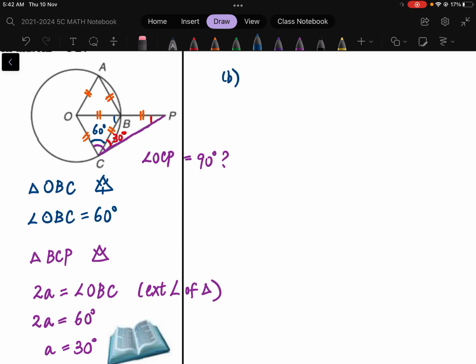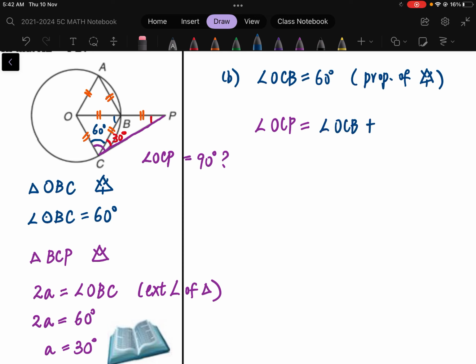So in part B, I have angle OCB. So angle OCP equals angle OCB plus angle BCP, which would be 60 degrees plus 30 degrees equals 90 degrees.